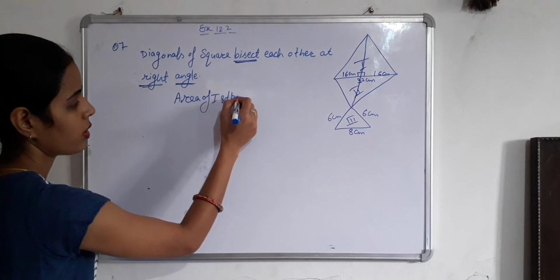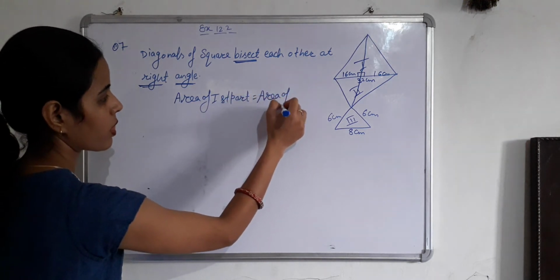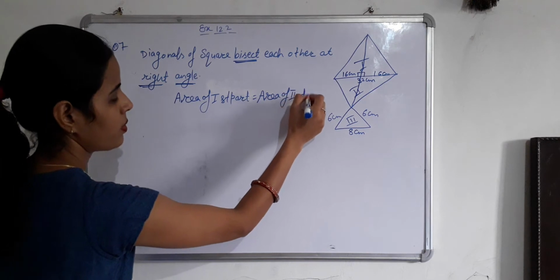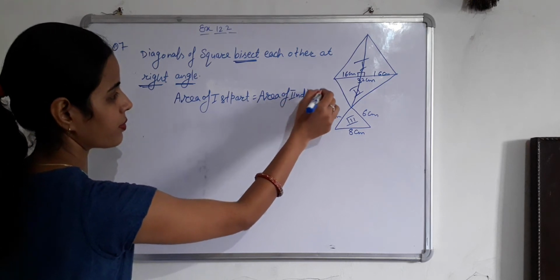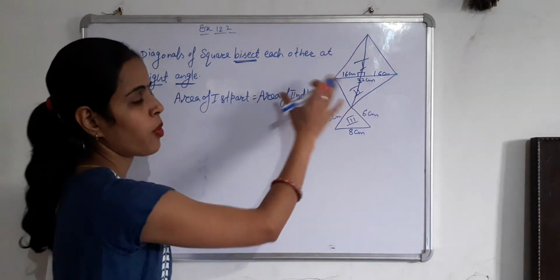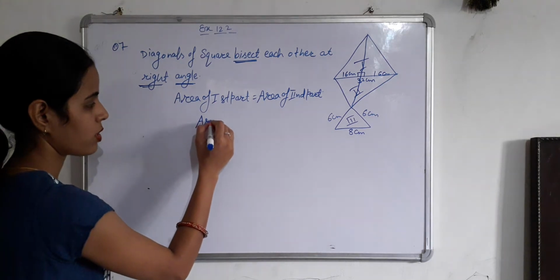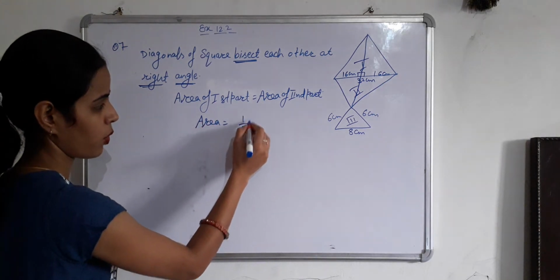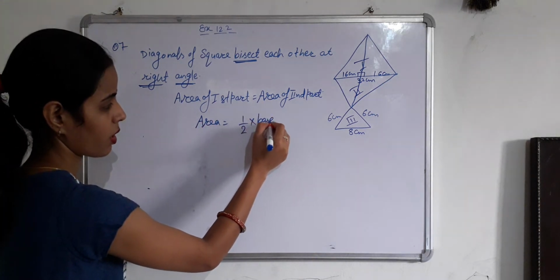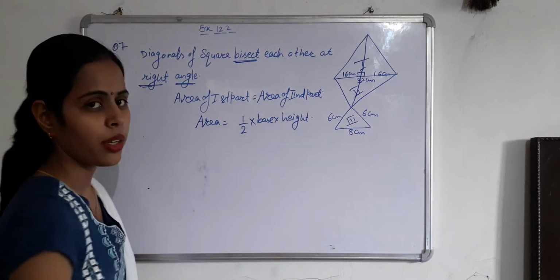Area of first part equals area of second part. First part and second part are in the shape of a right angle triangle. So area of a right angle triangle equals 1 upon 2 into base into height.